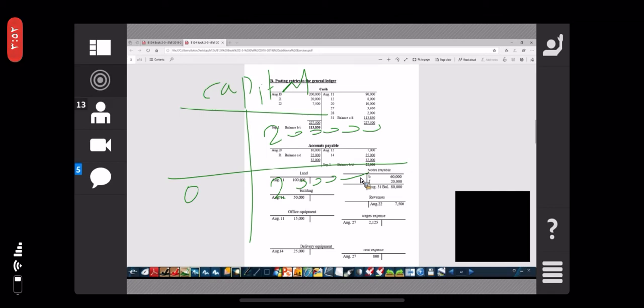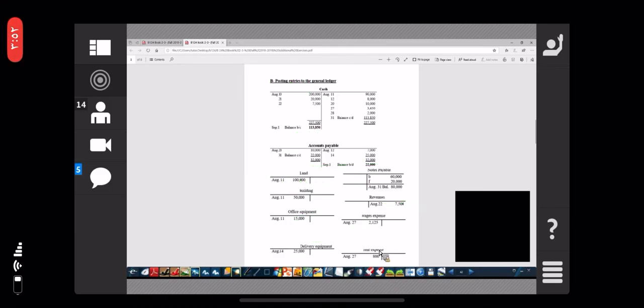So for capital you will say the normal balance is credit and the amount is 200 minus 0, so the balance will be 200,000. To get the balance, I don't need to put the bigger number first, just debit minus credit or credit minus debit.